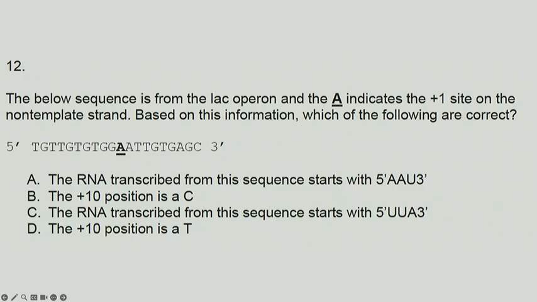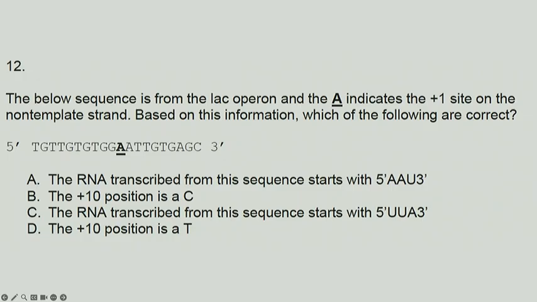The way this works is there's actually a second strand here that looks like this, right? This is going to peel apart, but this is still the +1 location. RNA pol is going to bind right here and synthesize RNA this way, because this is the 3' end.